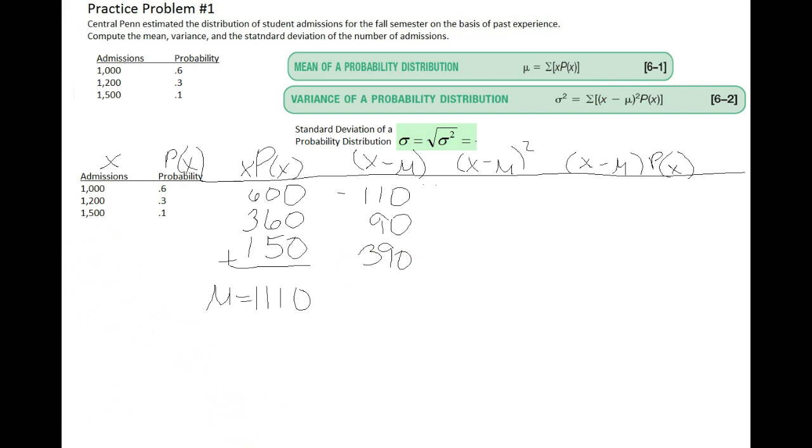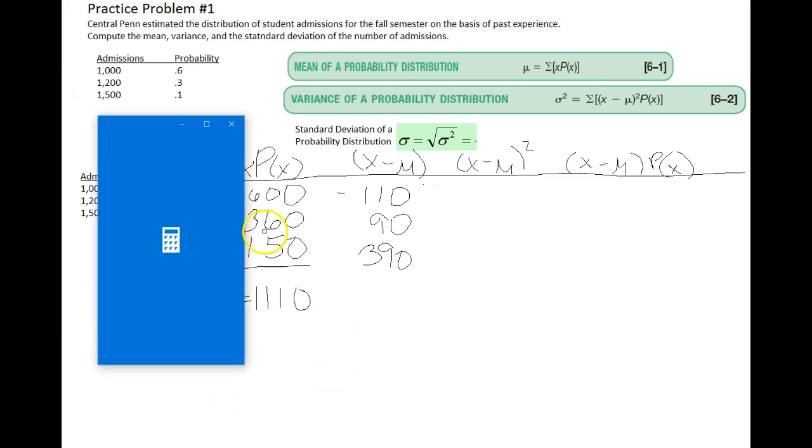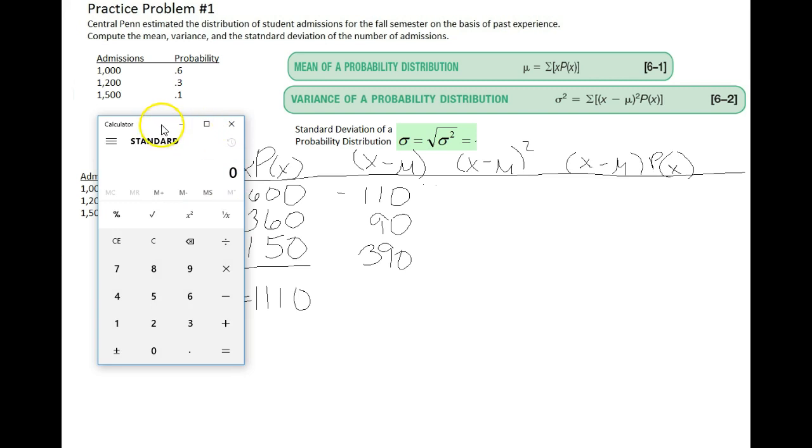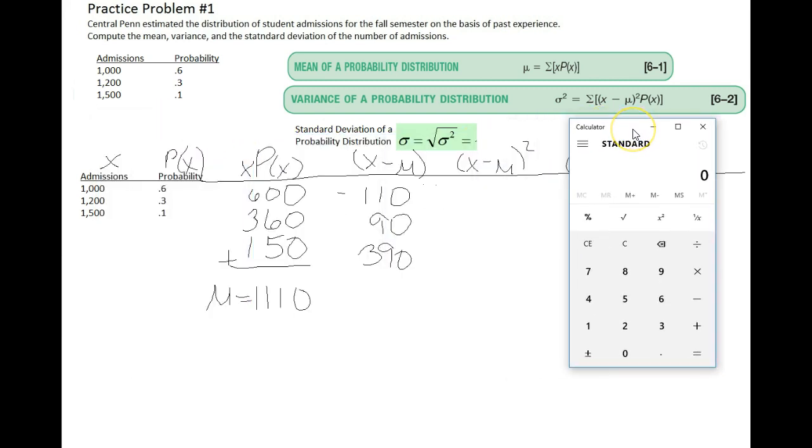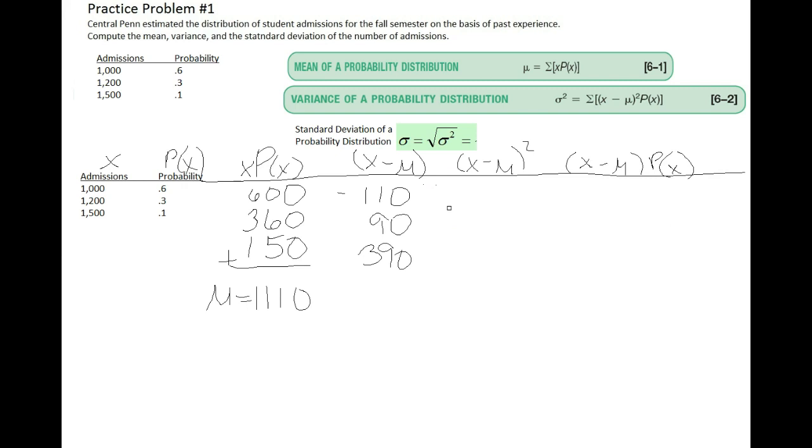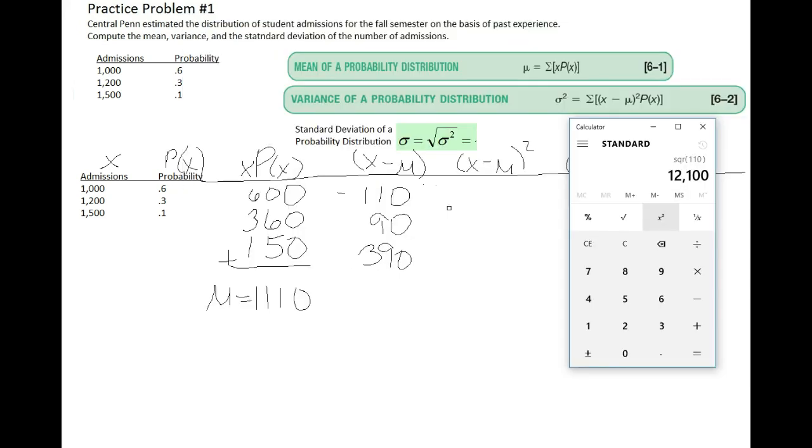The next step is then to square our values. We're not concerned about this negative 110 because when you square a negative, it becomes a positive. 110 squared, and don't be worried if these numbers are rather large. So 12,100.